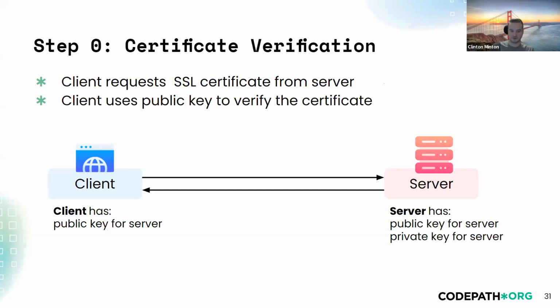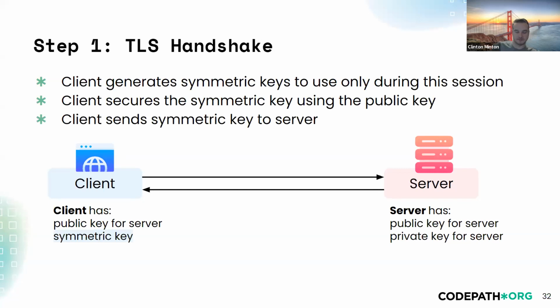The client will generate a symmetric key during the TLS handshake. So the client says, "Hello, server. What protocols and cipher suites do you have?" And the server will come back and say, "Okay, I support these. I recommend we agree to use the best one here, like TLS 1.3 or something."